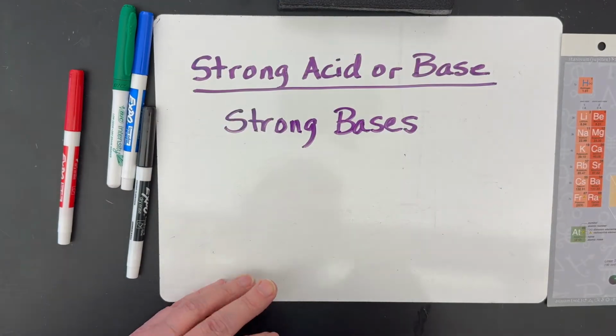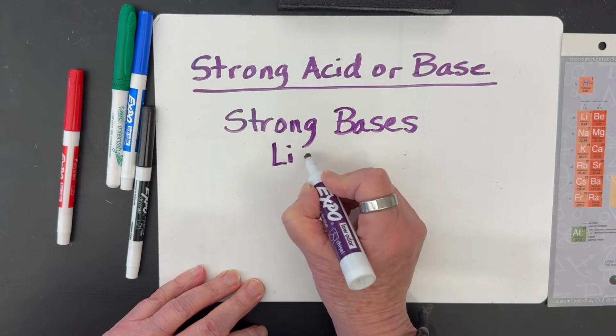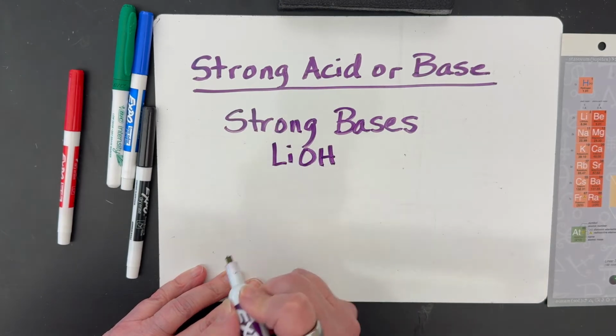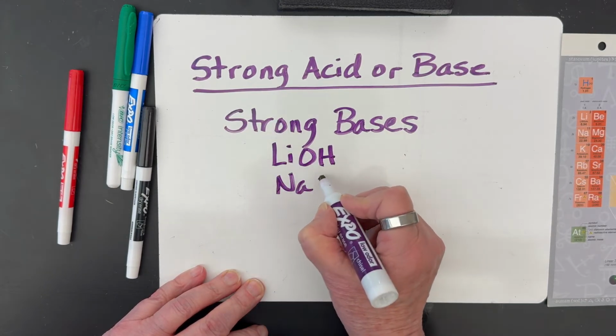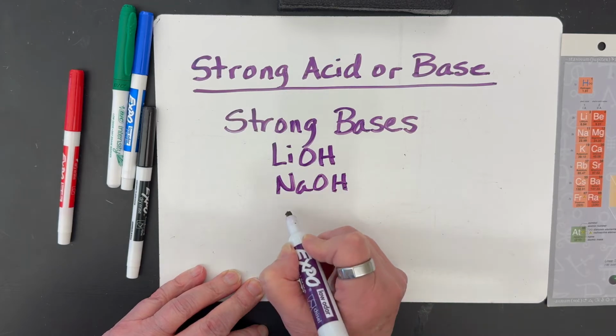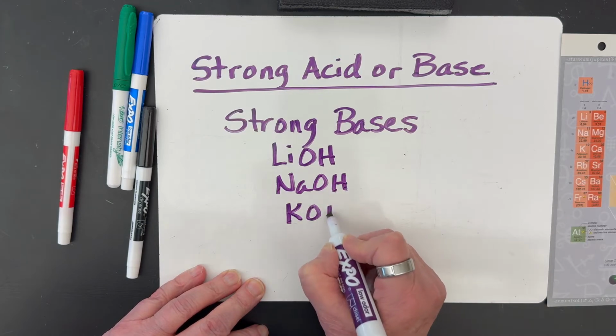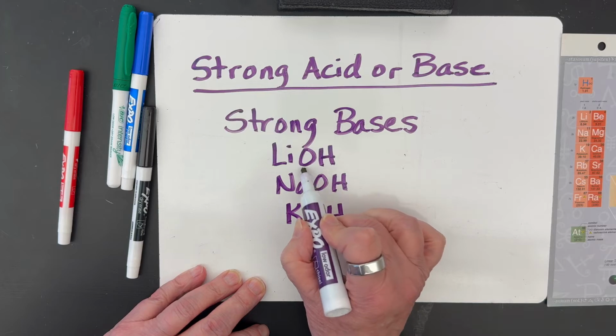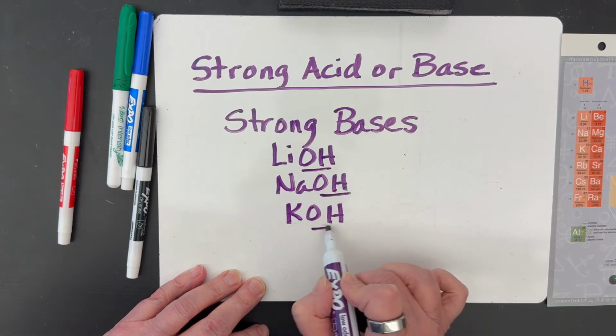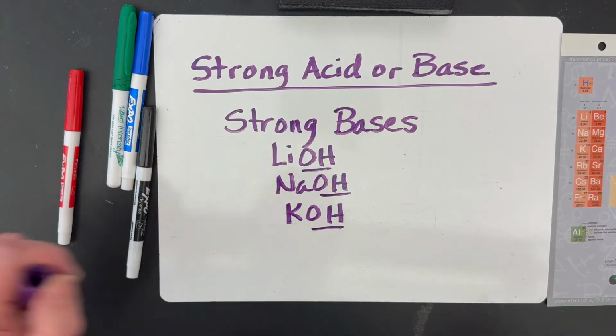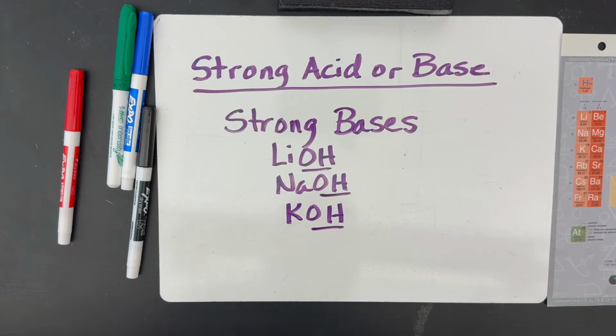If it comes from column 1, it will look like LiOH, NaOH, KOH. Notice there's only one OH group on your metals from the first column. All of them do it like that, and they are all strong.